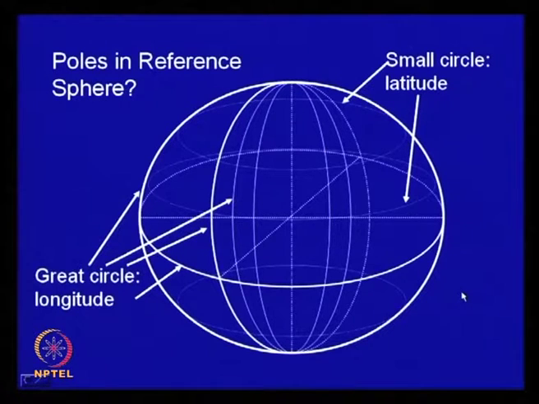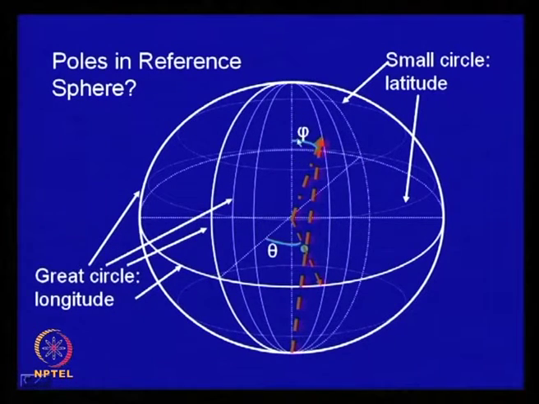Now, we represent any angular position of any pole on this sphere in terms of these angular coordinates. Suppose we want to represent this point here, we will represent it by two angles. One angle is the angle this perpendicular line subtends with this reference line.